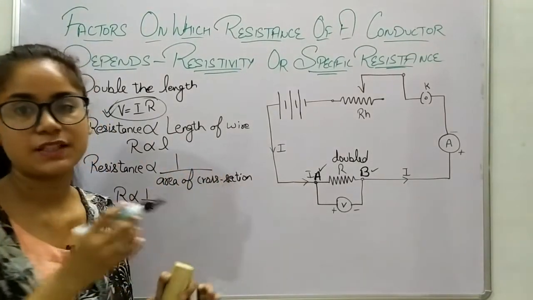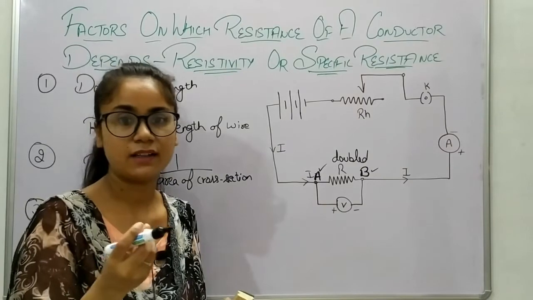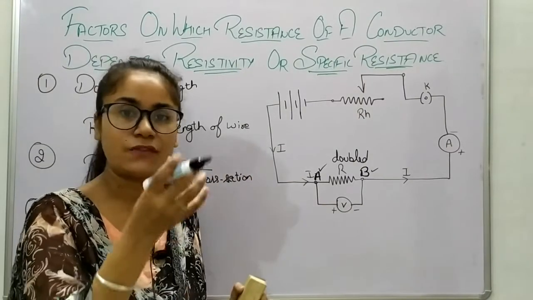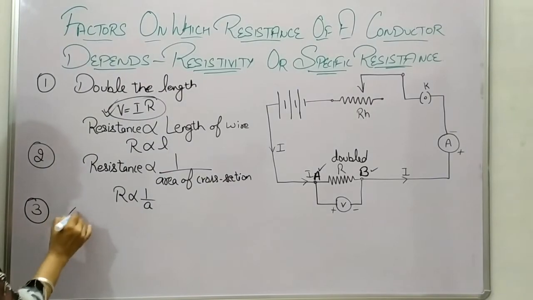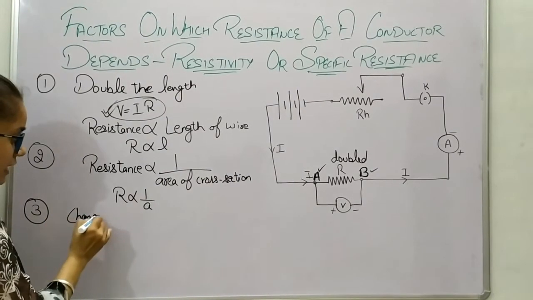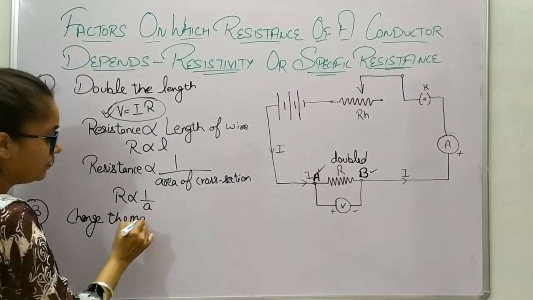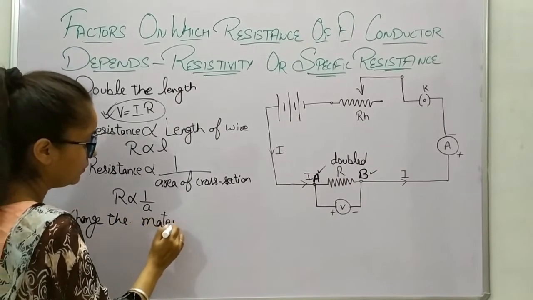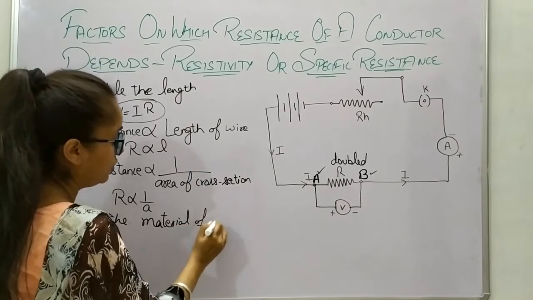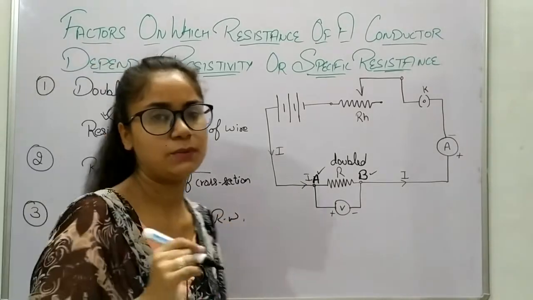In the first two factors, we had the resistance wire, we had this wire of the same material. Now let us change the material of the resistance wire. Well, what will happen?